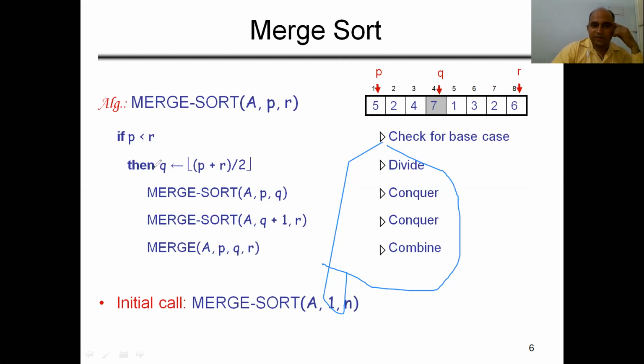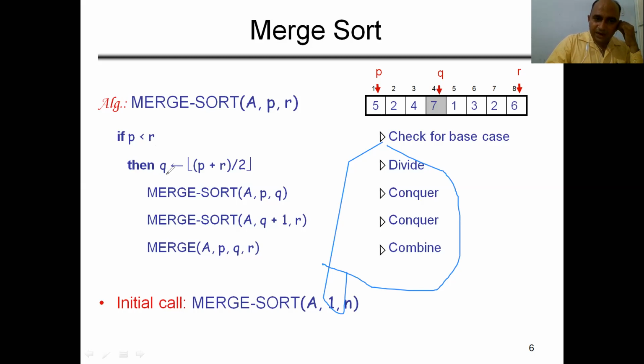Now we talk about the divide step. If we have array A with size n, P is our first index, R is our last index, then this logic will work until P is less than R. When P becomes equal to R, then these steps will not work.